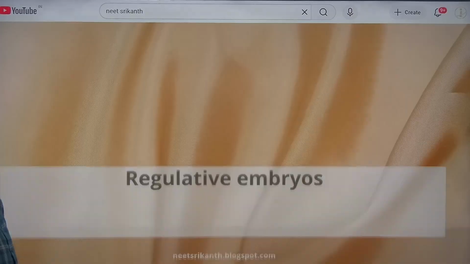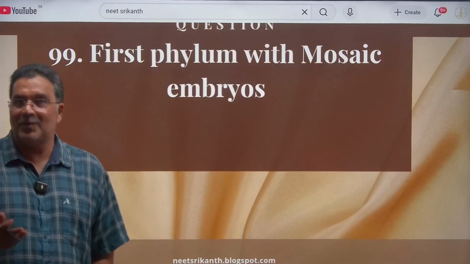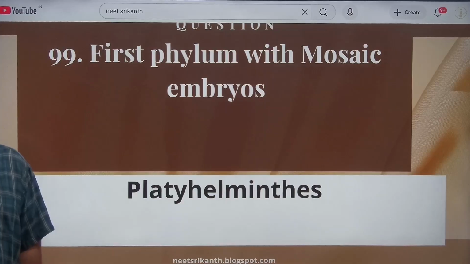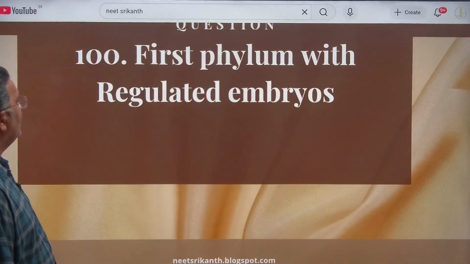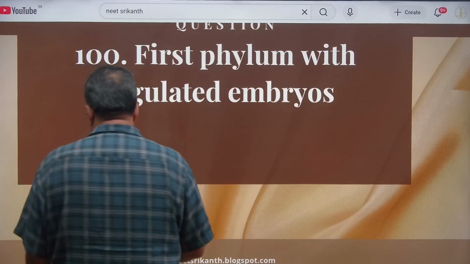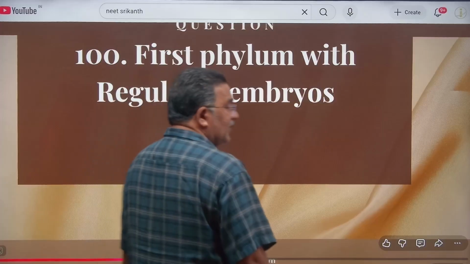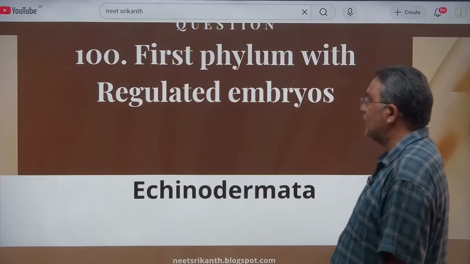First phylum with mosaic embryo, asking about protostomian phylum, that will be Platyhelminthes. First phylum with regulative embryo. Who is that? Asking about deuterostomia, that is Echinodermata. First phylum asked, not all the phyla.